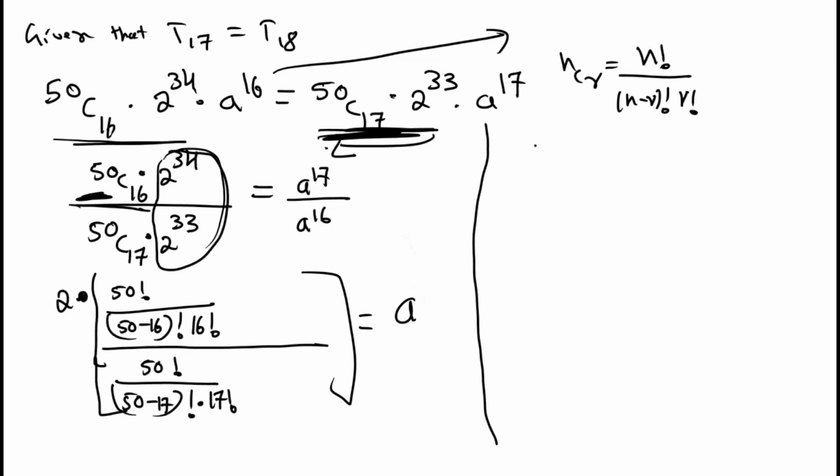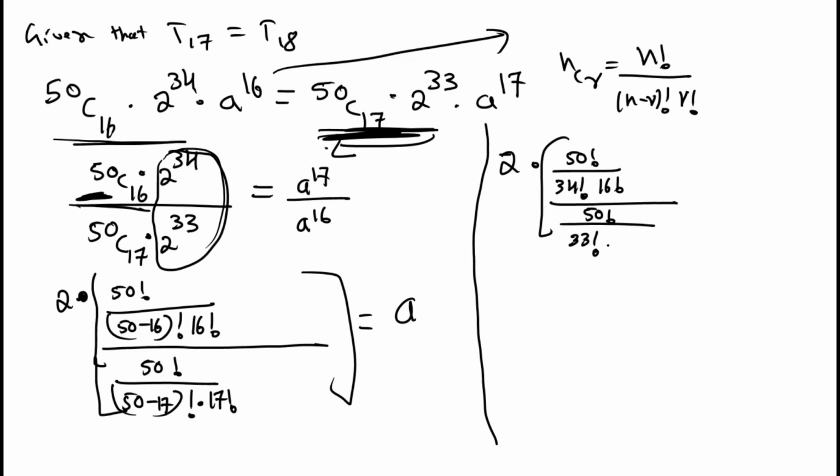Now again simplify. It is equal to, see, 2 into, simplify the term in the bracket, you will get 50 factorial divided by 50 minus 16, that is 34 factorial into 16 factorial, whole term divided by 50 factorial divided by 50 minus 17, that is 33 factorial into 17 factorial, equal to right hand side here.